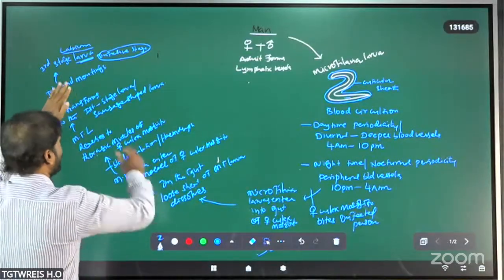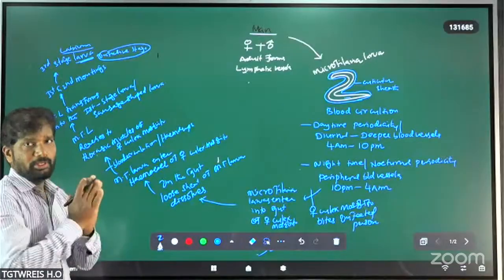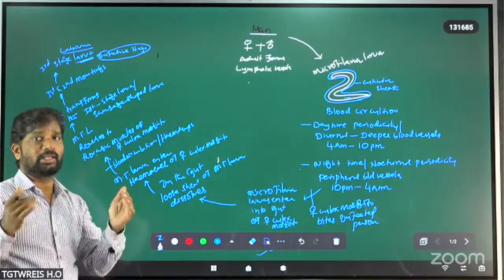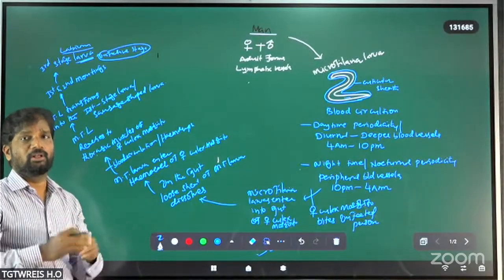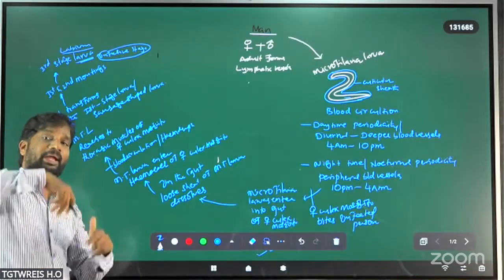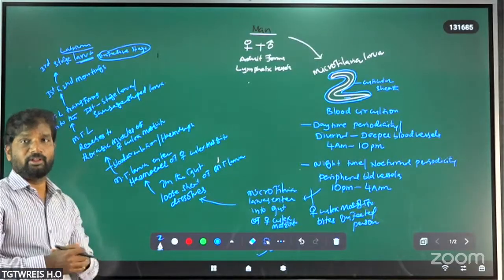Now, this female Culex mosquito has the third stage larvae in its labial region.